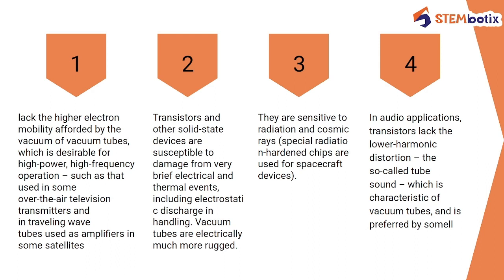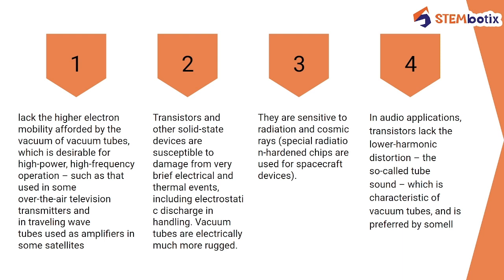Transistors and other solid state devices are susceptible to damage from very brief electrical and thermal events, including electrostatic discharge in handling. Vacuum tubes are electrically much more rugged. Transistors are also sensitive to radiation and cosmic rays. This is a disadvantage.